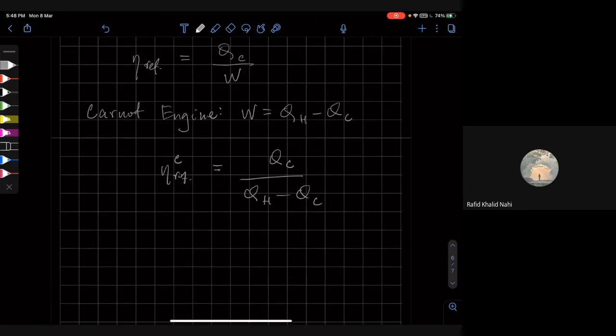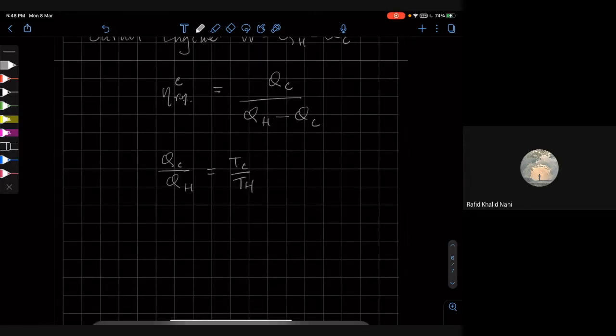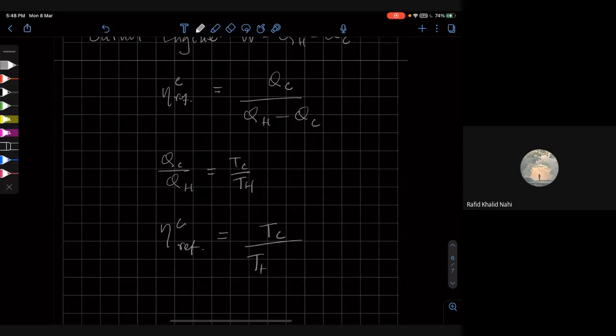Now, if our Carnot engine is like an ideal gas, then for an ideal gas, QC over QH is TC over TH. Then the efficiency of the Carnot refrigerator is TC divided by TH minus TC, and this can be more than 100%. And there is no violation of any law.